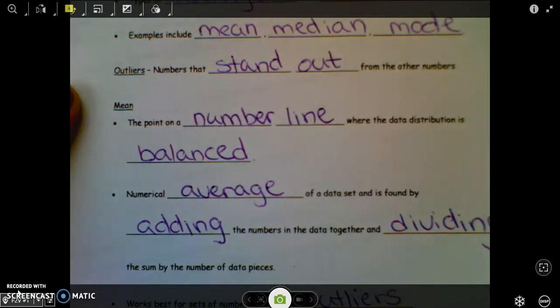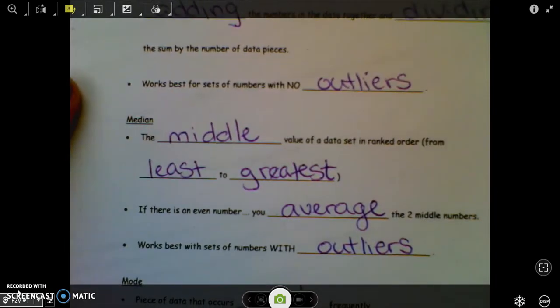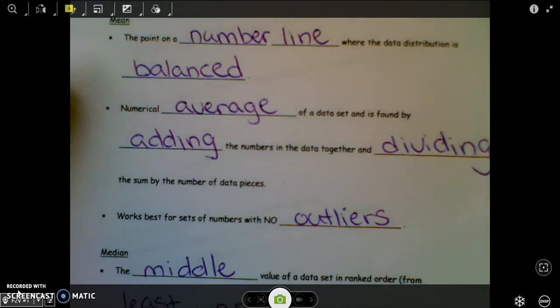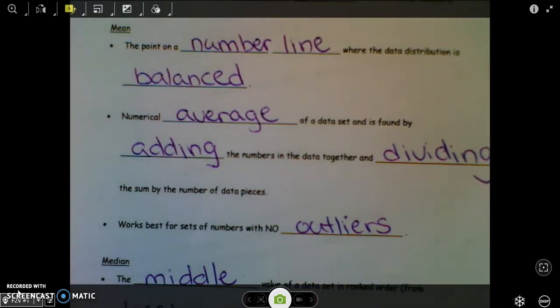So look for mode if there's no numbers, or if one number really is most of the numbers, more than half the numbers are the same. Okay, if it's not mode, then check for median. Look for an outlier. If there's no outliers, then by default it's mean. So mean isn't really something you want to look for right away. You want to try the other two first, and if it's not either of them, then it's mean.